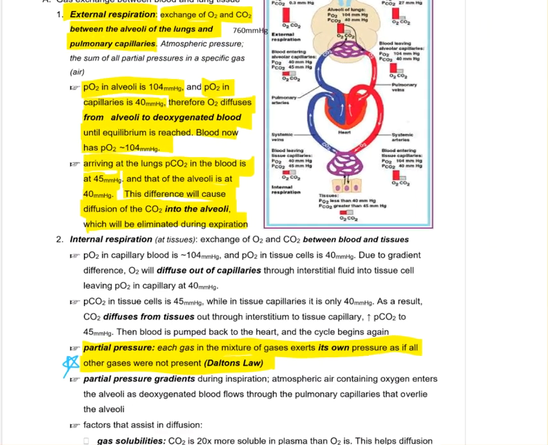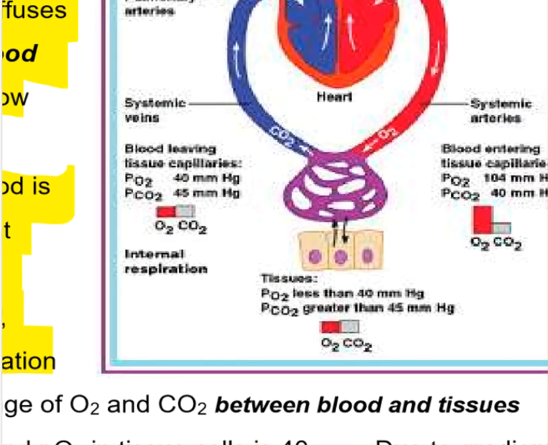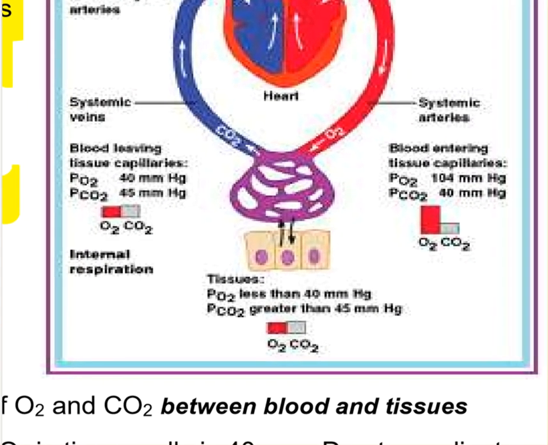Now, we can also look at what happens once we load the blood and pump it down to our tissues. So now we have blood entering the tissues at 104 millimeters of mercury of oxygen and only 40 of CO2. Well, look at the tissues. The tissues are low on oxygen because they're using oxygen in order to make ATP, for example.